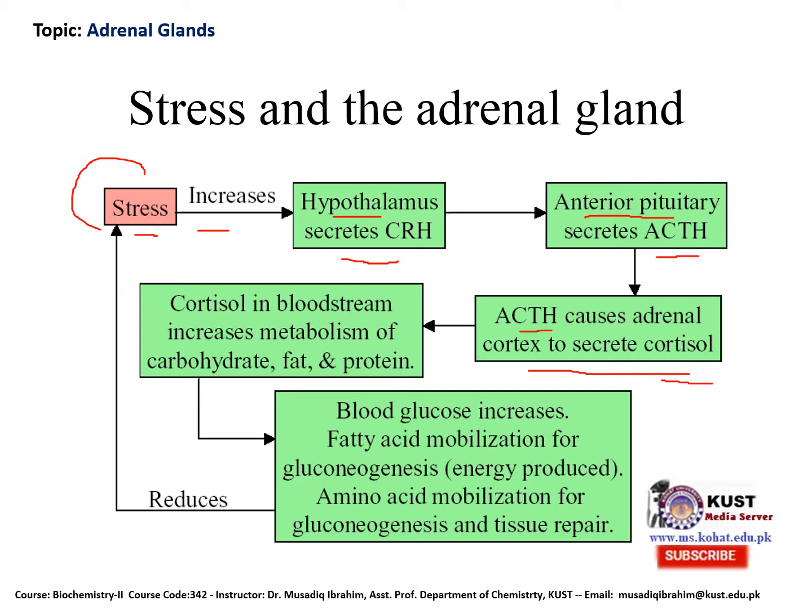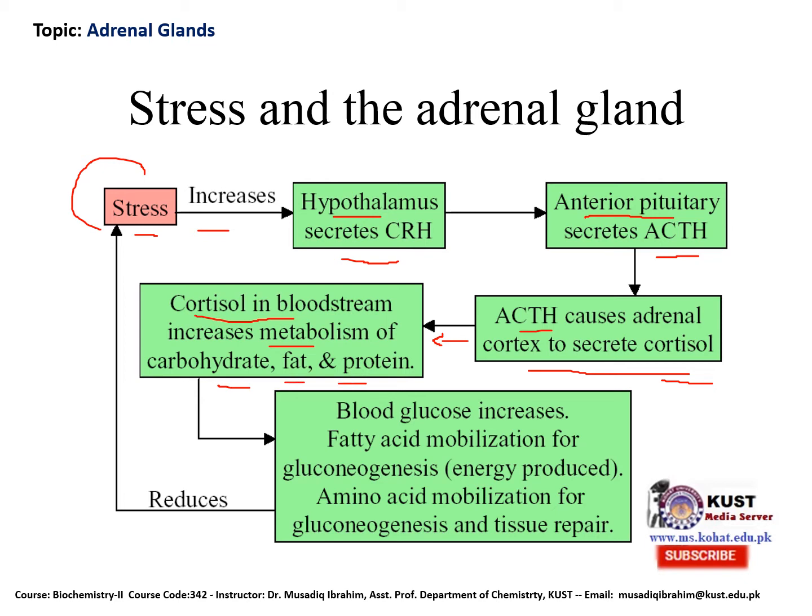Now what is done by the cortisol hormones is that it reaches the bloodstream and increases the metabolic processes of carbohydrate, fat, and proteins.